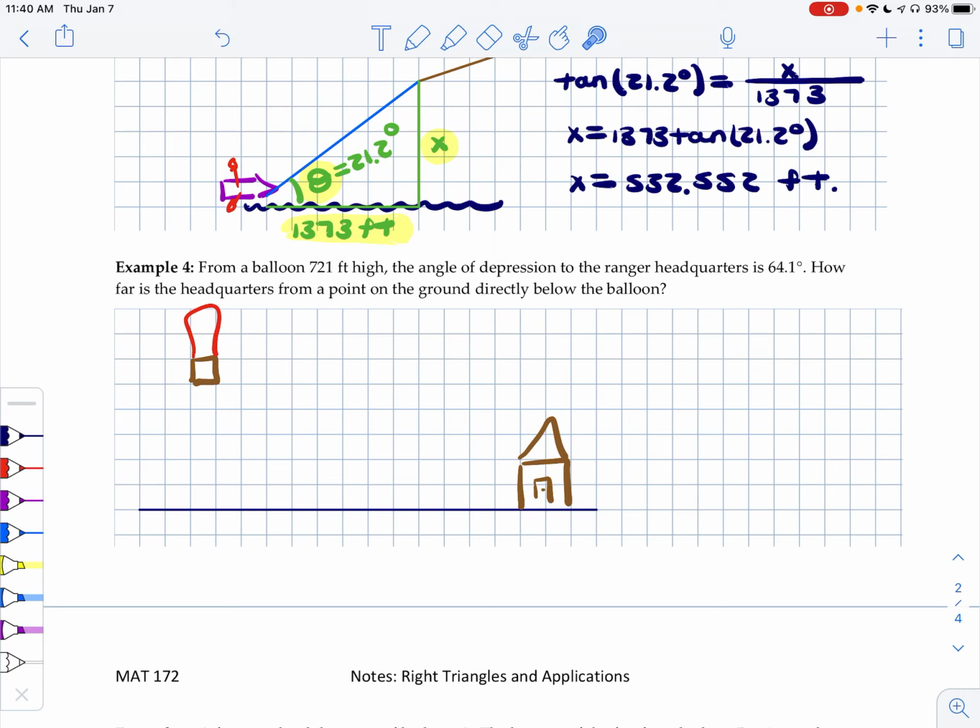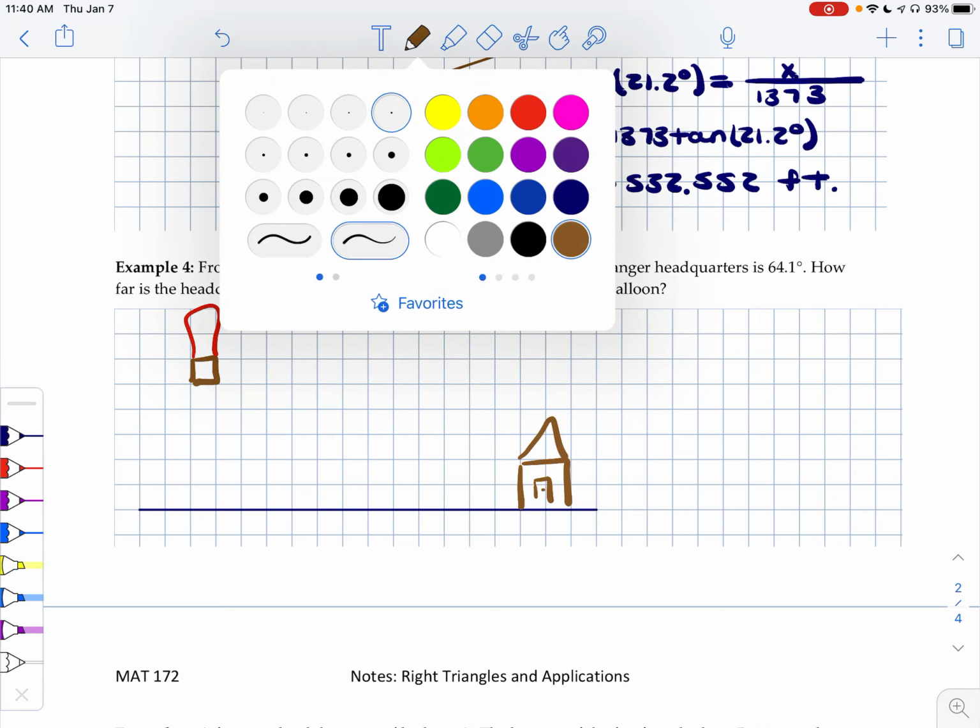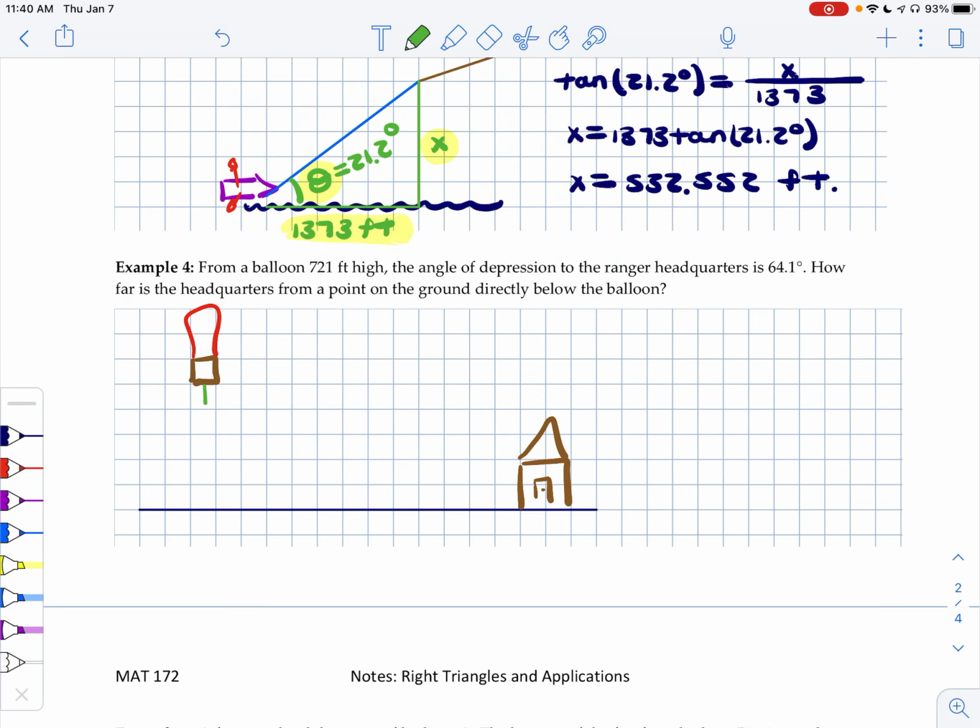All right, so our balloon is 721 feet high. So this distance right here is 721. It also tells us that the angle of depression to the ranger headquarters is 64.1 degrees.